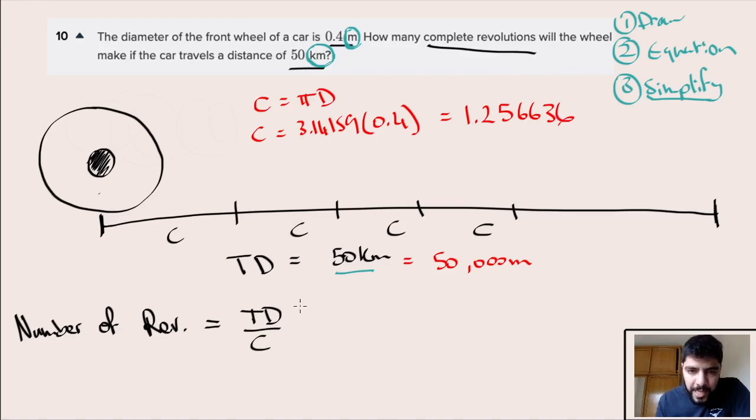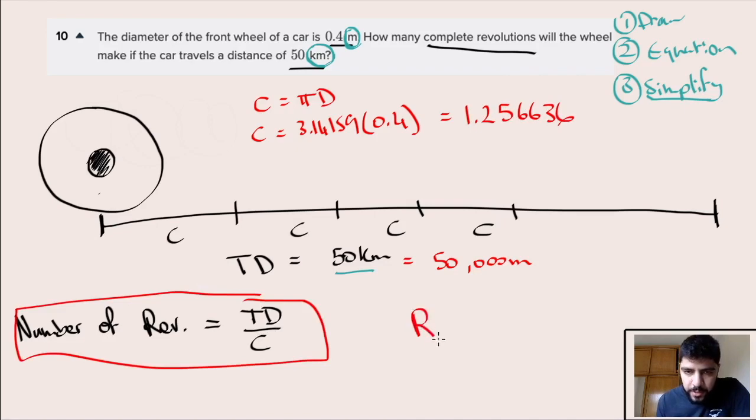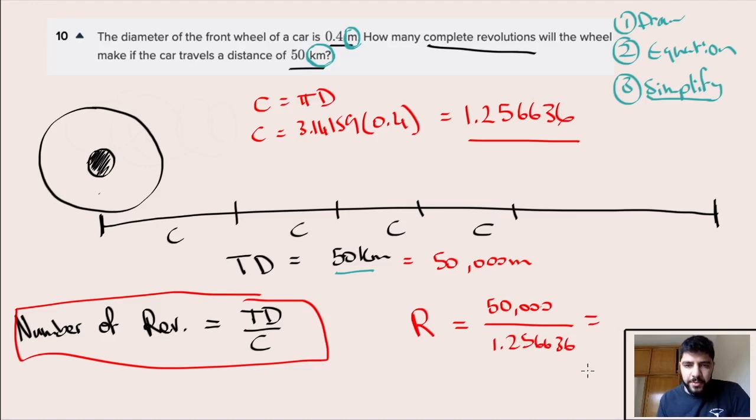Okay, so I have C now. So now I have to solve this little equation, right? I'm just going to call it R instead of number of revolutions. R equals 50,000 over C, which is, in this case, 1.256636. And so how many times did this front wheel turn? 6,366.203101.